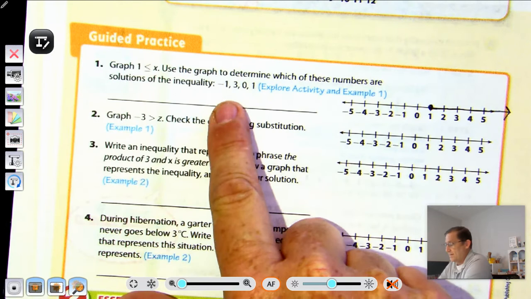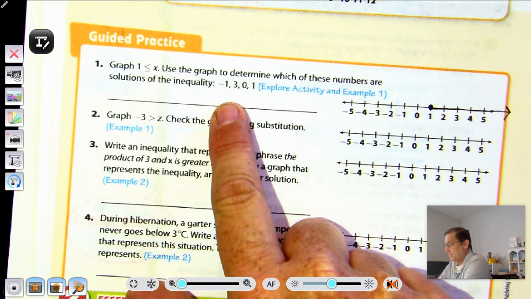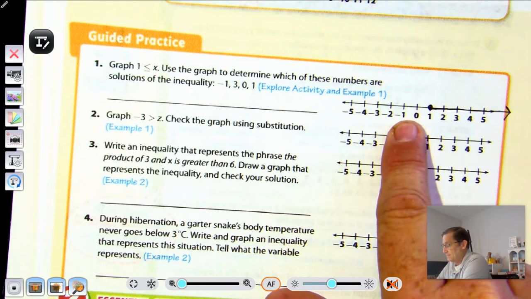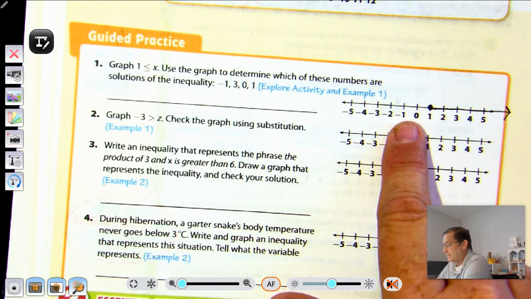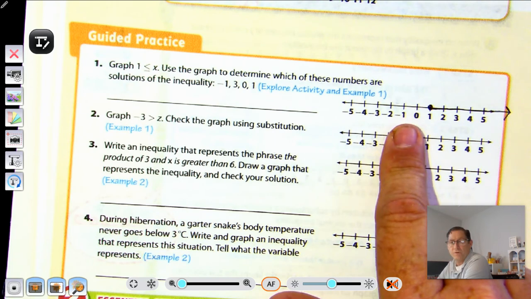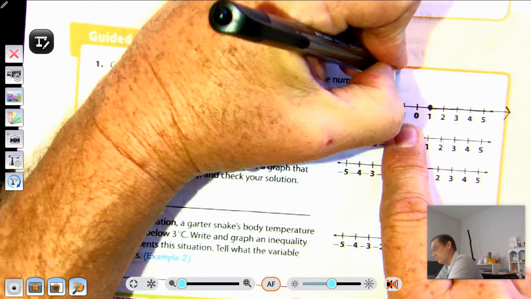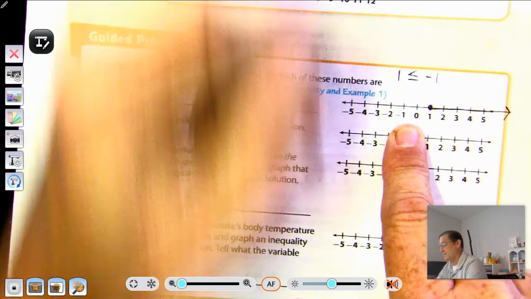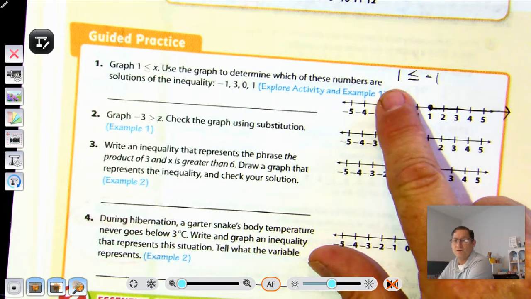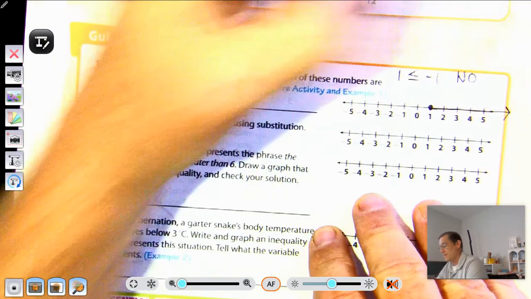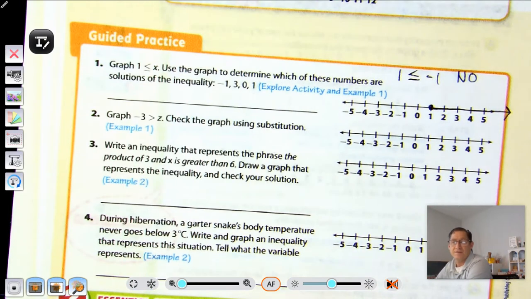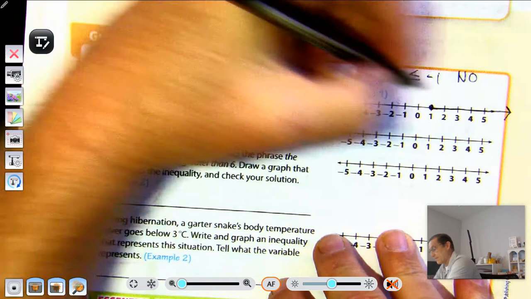All right, so is -1 a solution? Is -1 greater than or equal to 1? This is what we're saying. If we substitute -1, -1 is greater than or equal to 1? No. So -1 is not a solution. Let's substitute 3.